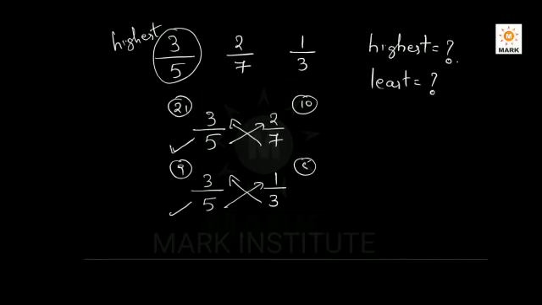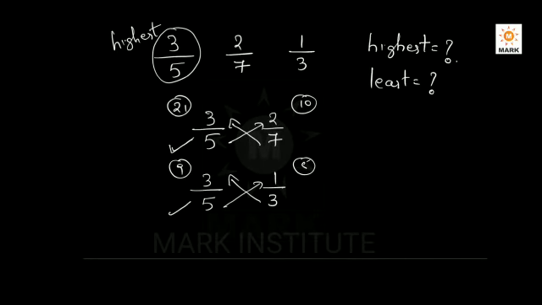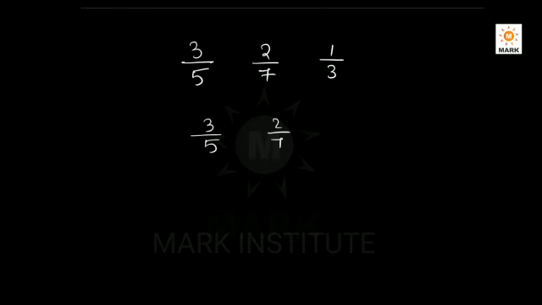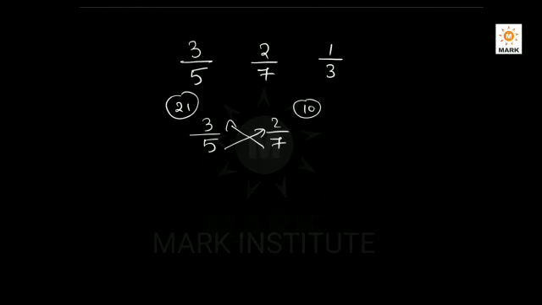This time we leave the highest and we take the least. Suppose the three fractions again, I am writing here: 3 by 5, 2 by 7 and 1 by 3. You can take any two fractions: 3 by 5, 2 by 7. 5 twos are 10, 7 threes are 21. 2 by 7 is least.